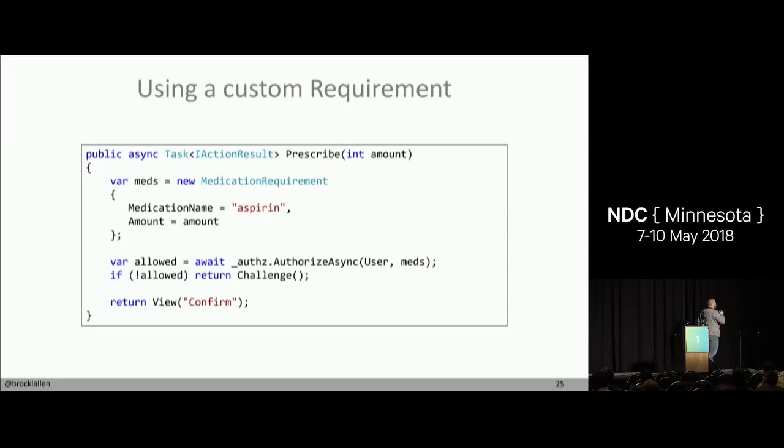So you would, in your action method where we're prescribing medication, create the requirement object and call into the authorize method. If it comes back and says you're good to go, the method succeeds. If not, you tell the user to go away, okay? And you can either use challenge or forbid. Those are the two built-in methods in ASP.NET Core. So that's an example of kind of mixing the two styles, if you will. Okay?